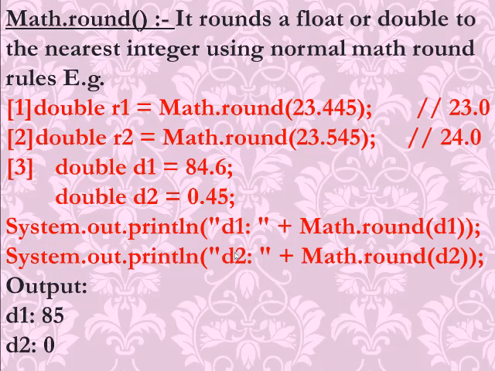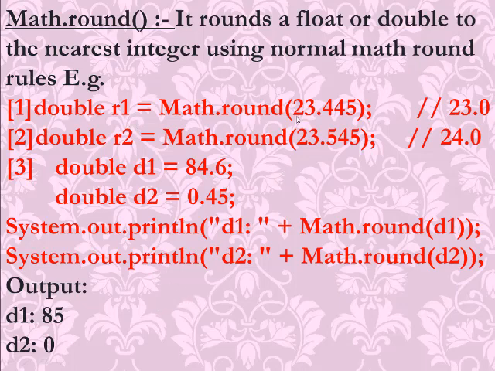Next is the Math.round function. It rounds the given float or double value to the nearest integer, and it uses the normal math rounding rules. You know the rounding rules: if the digit after the decimal is 5 or more than 5, the number is incremented by 1, otherwise the number remains as it is.